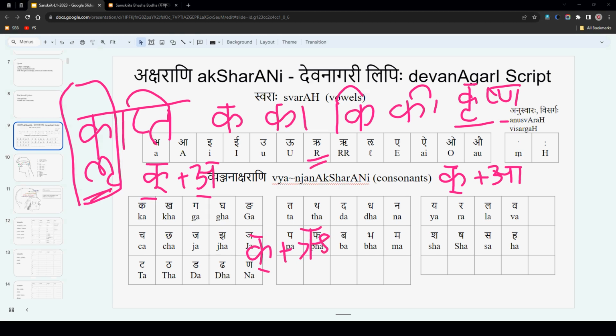Similarly, this klu also is a vyanjana plus swara. It is not la plus ka plus. It is ka plus the swara representation of lu. So we have klupti here.